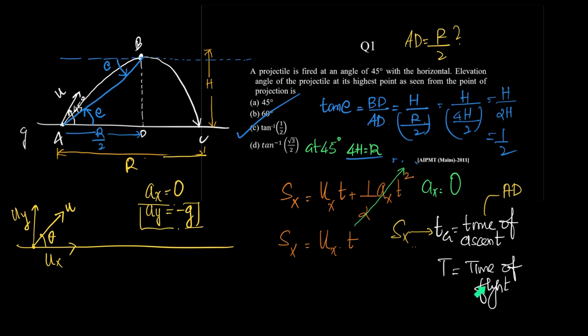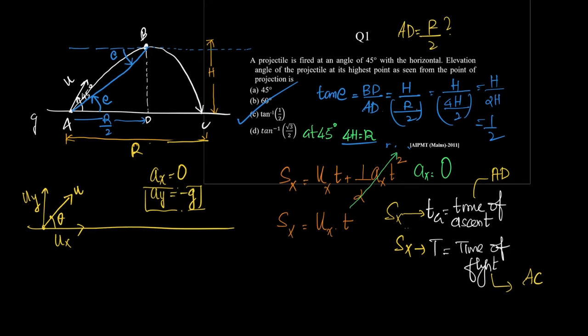Similarly, when we say time of flight, it means the entire motion from A to C. The initial position is A and the final position is C, and therefore the final displacement is the final position minus the initial position, which is AC. So the horizontal displacement during the time of flight, Sx, would be equal to AC.